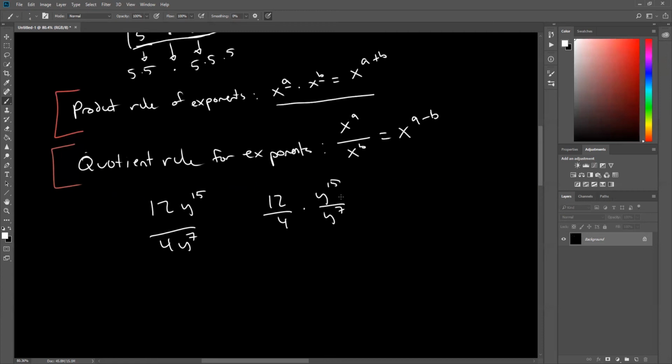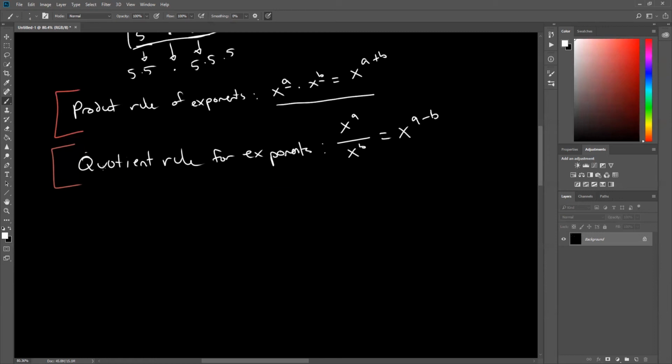These are the same things. 12 divided by 4, that's 3, times y to the 15th over y to the 7th, which is equal to y to the 15 minus 7, so 3 times y to the 8th. We'll just write 3y to the 8th. Does that make sense? Yes. Perfect. All right, for the sake of time, we're just going to move on to the next rule.